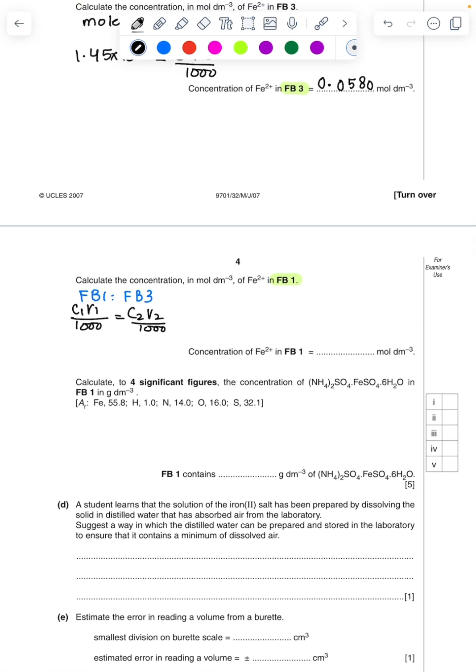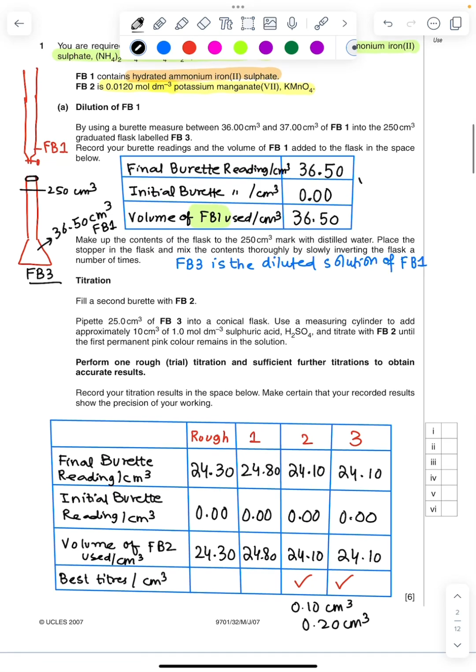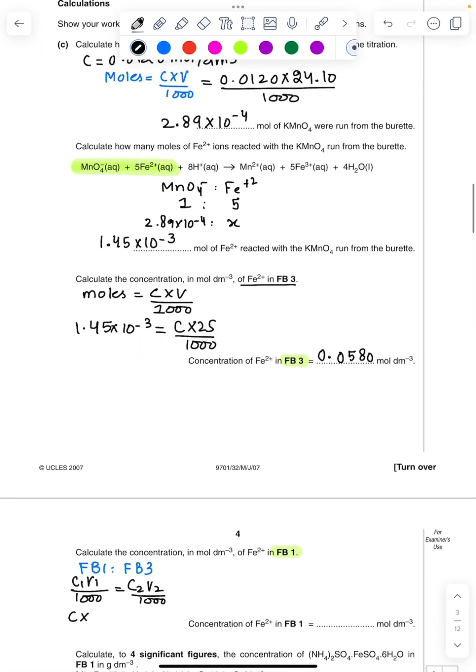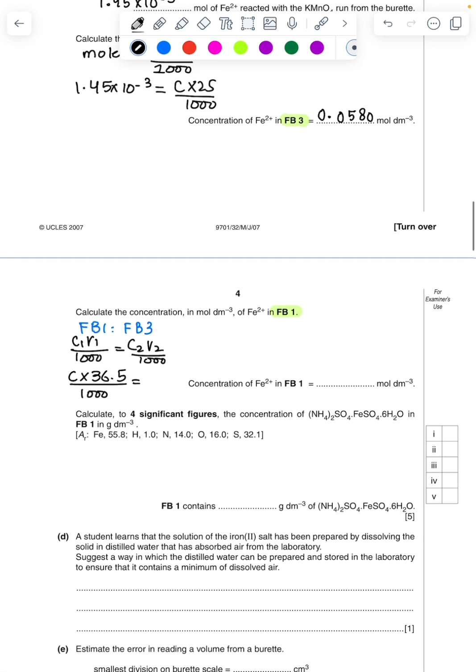So we have to find the concentration of Fb1. So this is going to be unknown. The volume of Fb1 was the one that we used here, this volume. So this is going to be 36.5. So I'm going to use 36.5 over 1000 is equal to concentration of Fb3. This is something which we calculated in this part. So it is going to be 0.0580 multiplied by the volume.